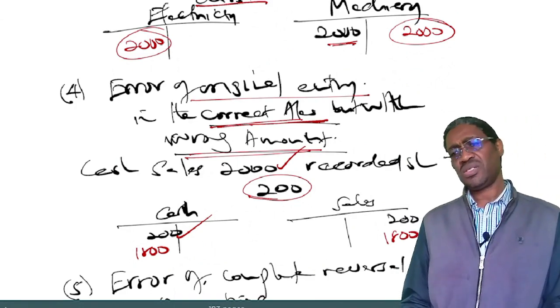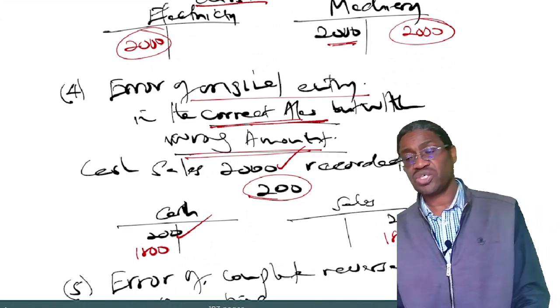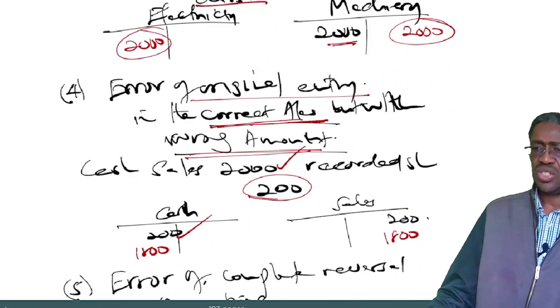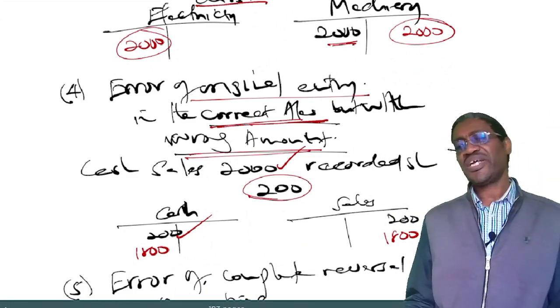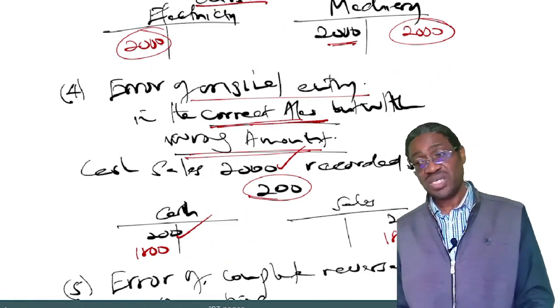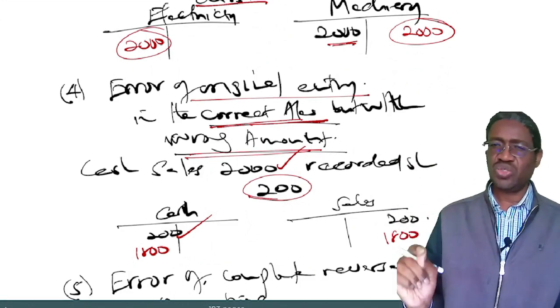Cash sales of shillings 2,000, recorded as shillings 200.